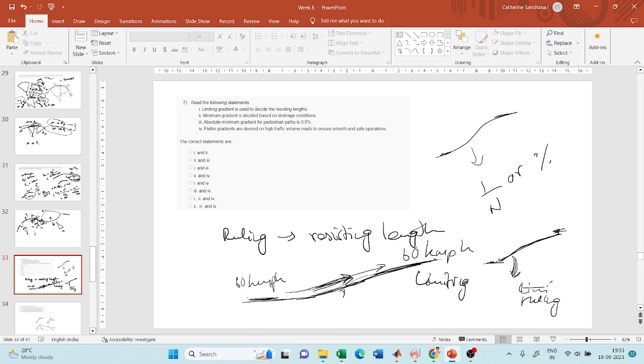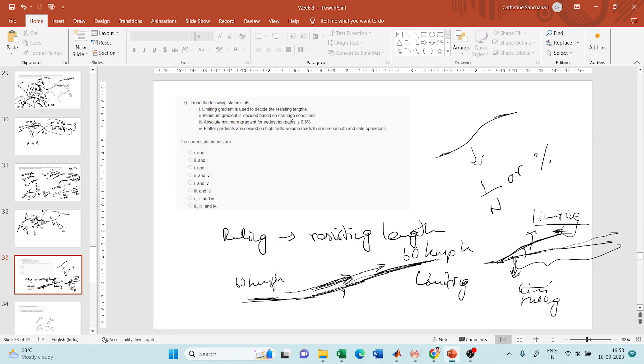If I try to connect it by ruling gradient, it is lesser. To reach this point, it will require a longer distance. Okay. And this will increase the cost of my project. So in order to avoid that, instead of ruling gradient, they will provide limiting gradient. Okay. And that is why a limiting gradient is provided.